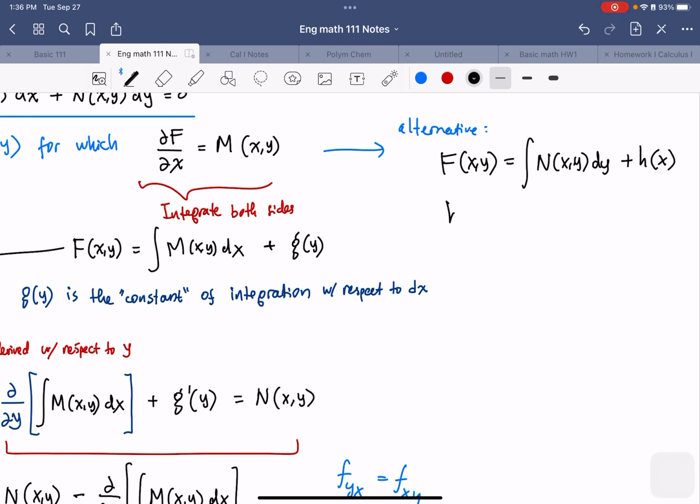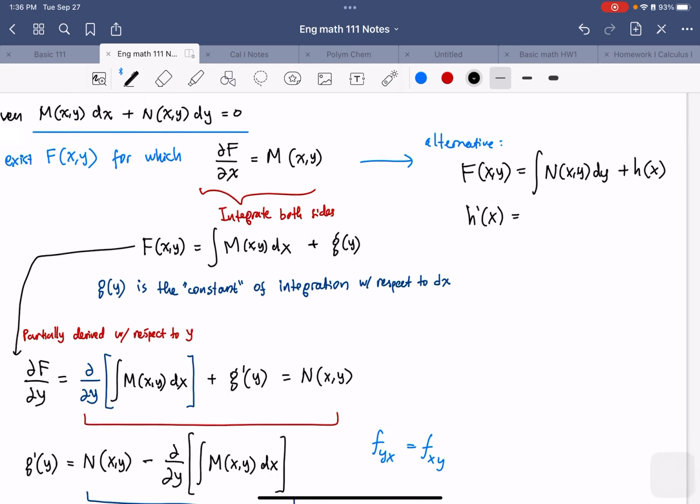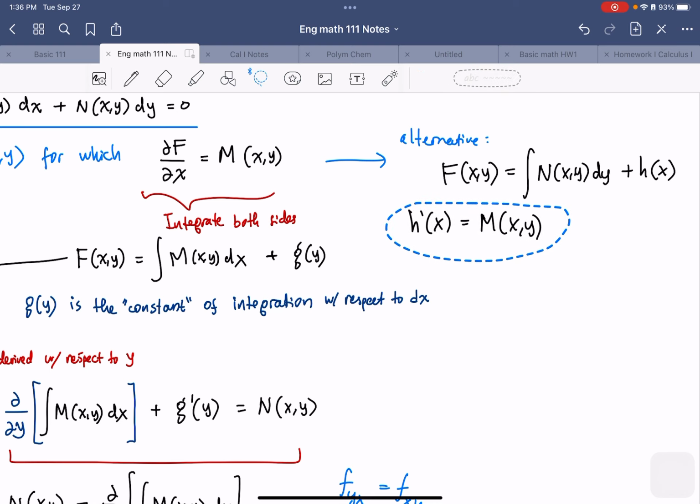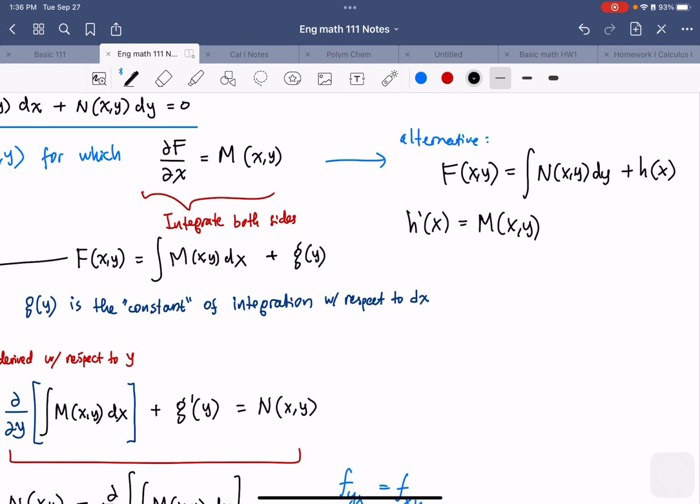And the h', if you differentiate with respect to x, this will be M minus ∂/∂x of the integral N(x,y) dy.